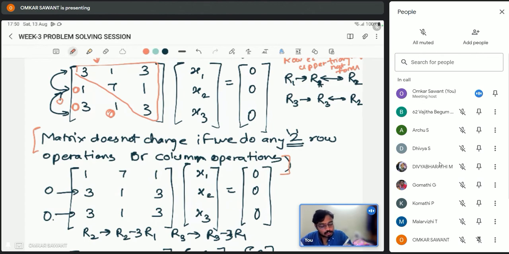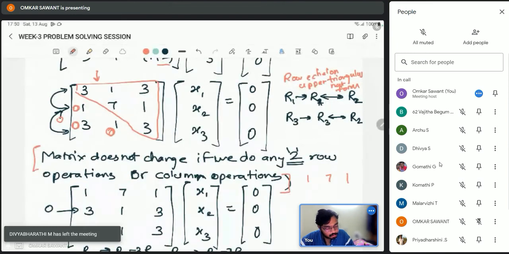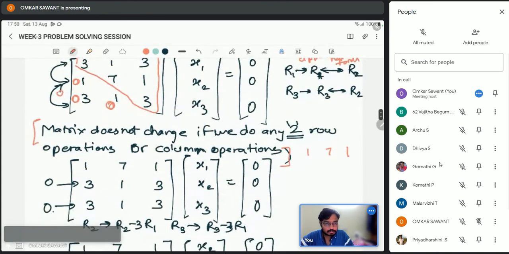In this, for example, we will write first 1 7 1. Are you able to see what I am writing? Yes, sir. 1 7 1, 3 1 3, which was the first row, and the last row was 3 1 3. This is the first row interchange.